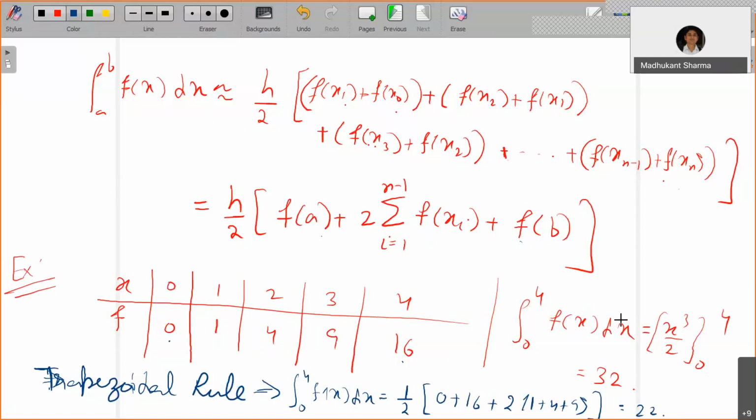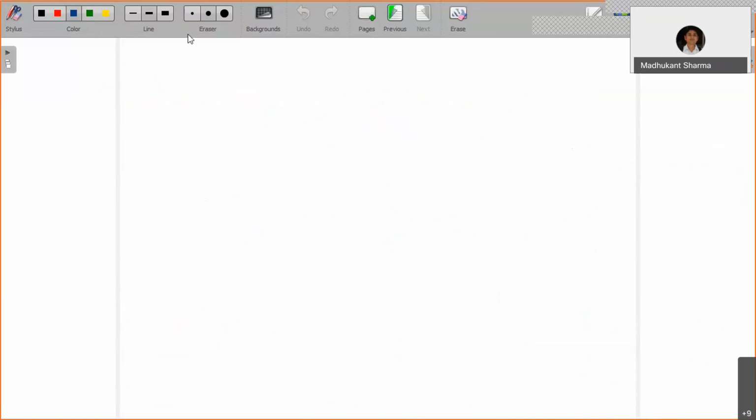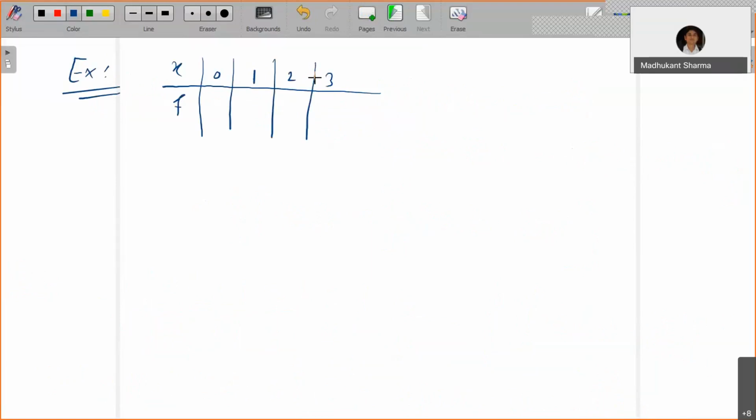Right. So what about the identity function, a linear function, whether it will approximate? So that you can check with one more example now. Let's take x value, f value 0, 1, 2, 3.